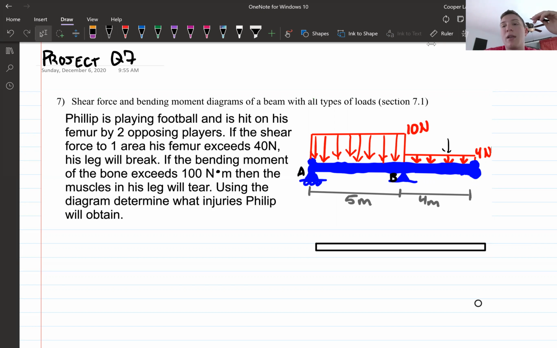First things first, I'm just going to use a rectangle because it's a little easier to draw here. We're going to have a reaction at point A, R sub A, and there's technically two reaction components at B, R sub B. However, I'll explain why it actually ends up only being vertical.